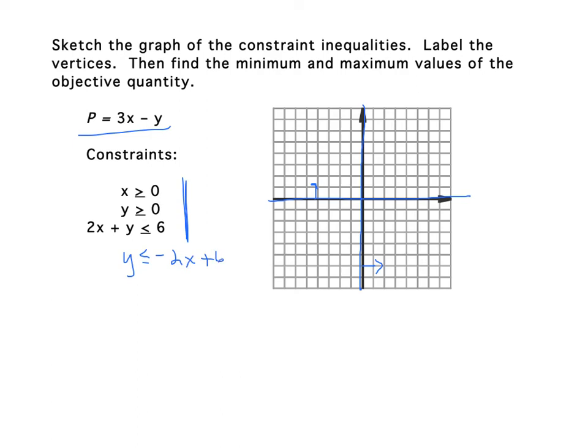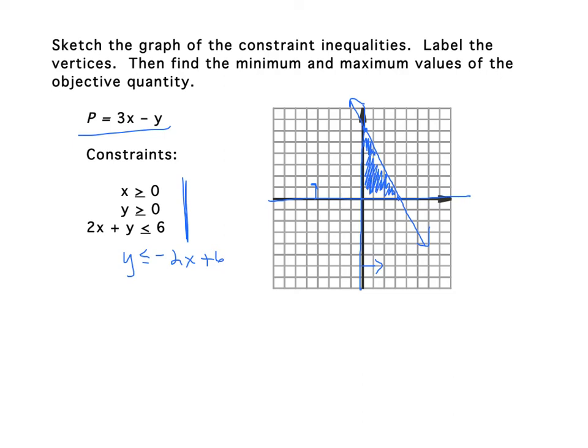So 2, 4, 6. Negative 2 means down 2 over 1, down 2 over 1, down 2 over 1. I come up with the following line. Okay, if I test the origin with this one, I would get 0 is less than 6, which is true, so I am going to shade this little triangle right here.